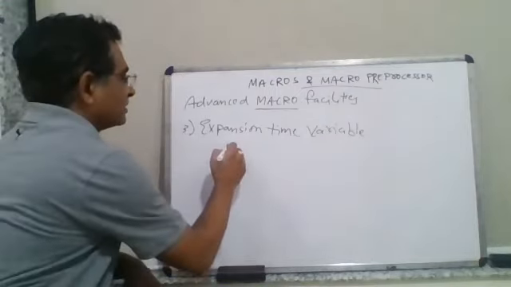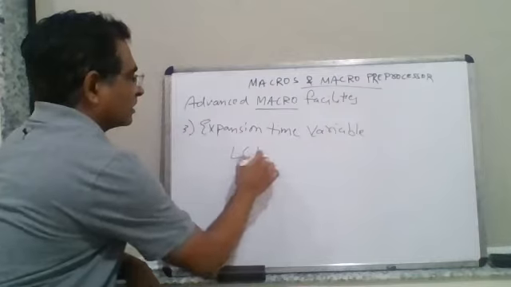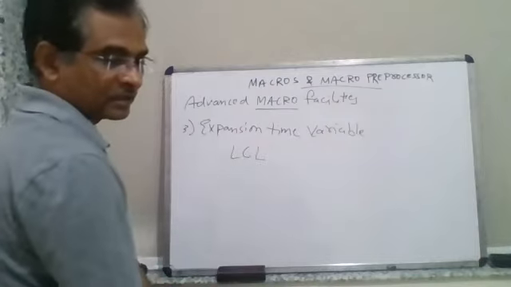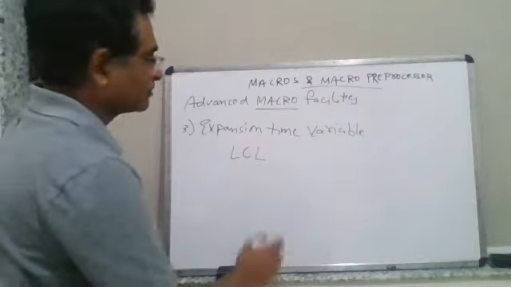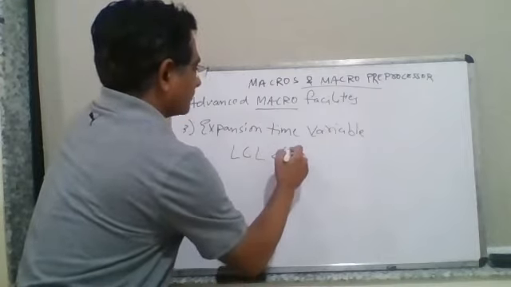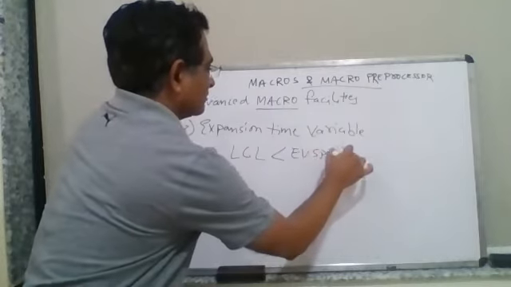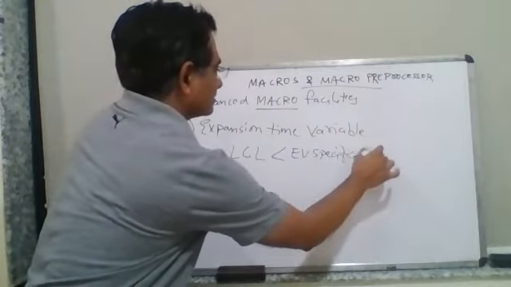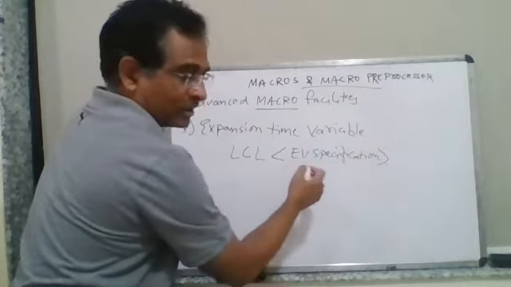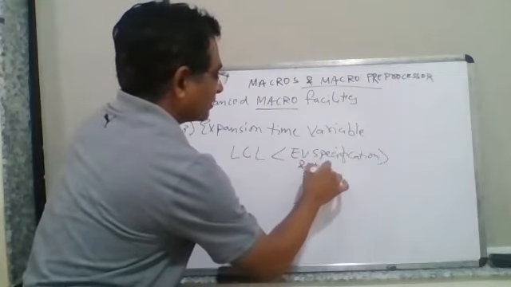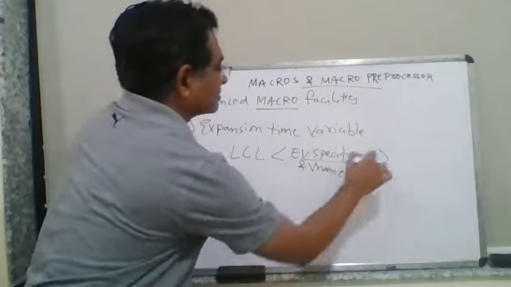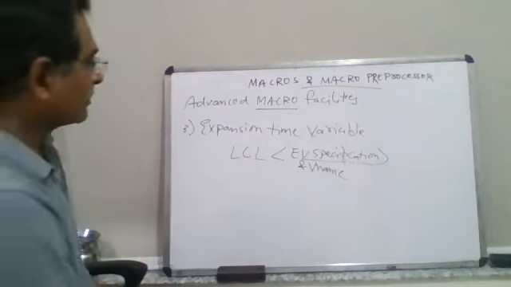One is local, LCL, and the local followed by the EV specification, expansion variable specification, right? I can even say this is something like ampersand and a variable name, right? To keep this simple, both are the same, right?